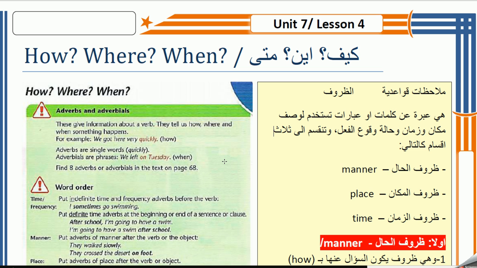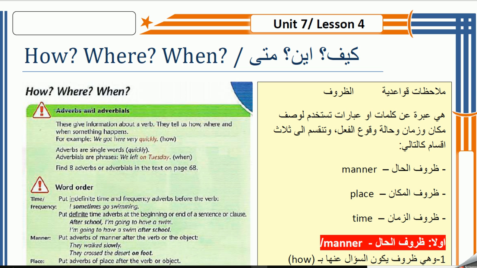Our lesson today, Unit 7, Lesson 4, on page 69 in the pupil's book. The title of our lesson: How, Where, and When.